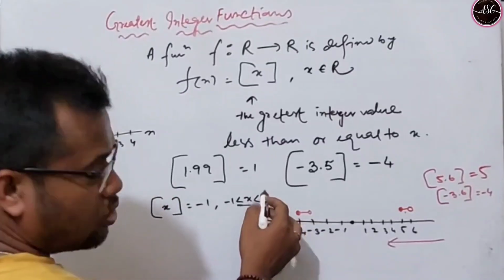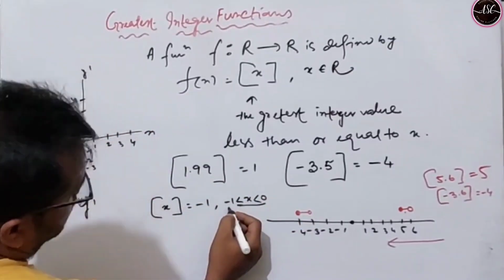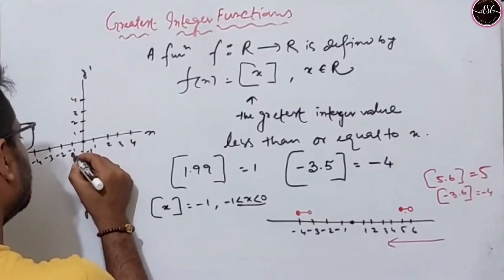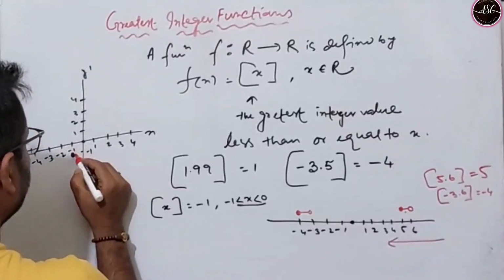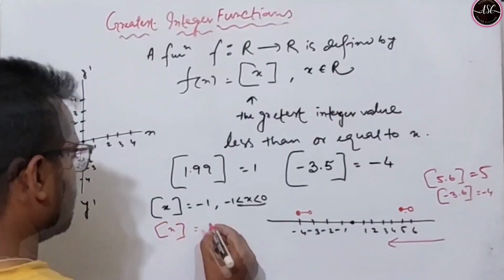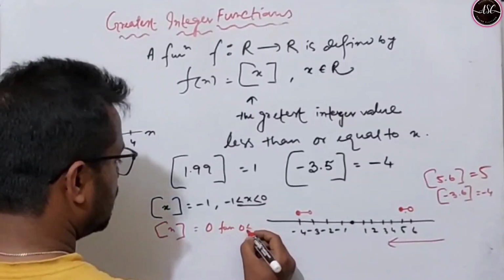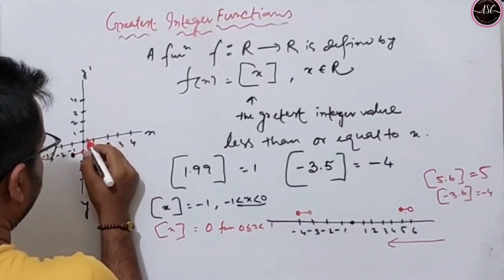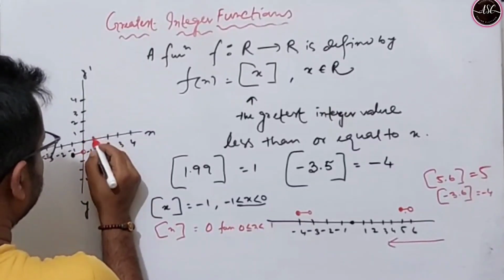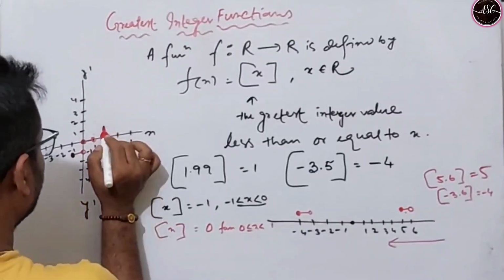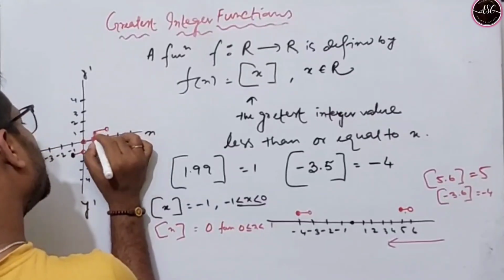That means 0 is the highest value and x is less than or equal, so from here closed circle starts and here will end with an open circle. Then [x] equal to 0 for 0 less than or equal to x less than 1. That means from here open circle and here is the closed circle.